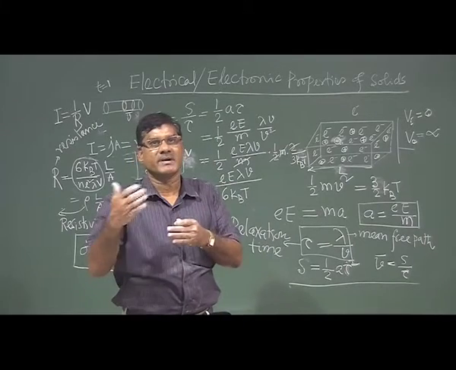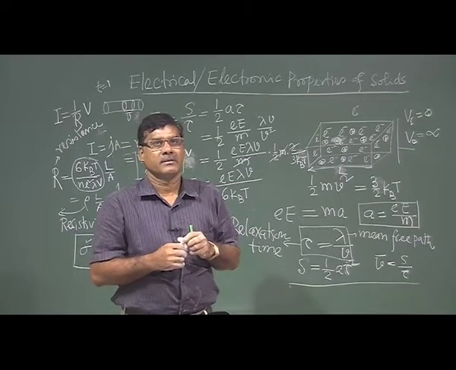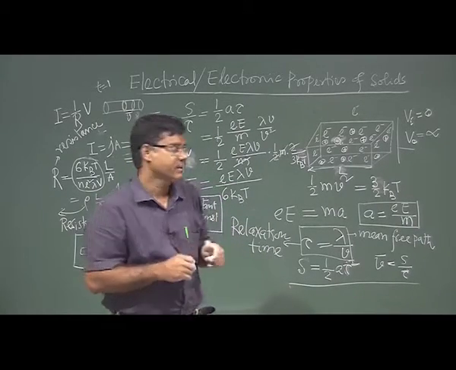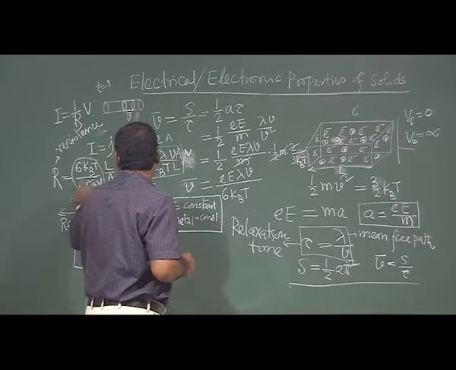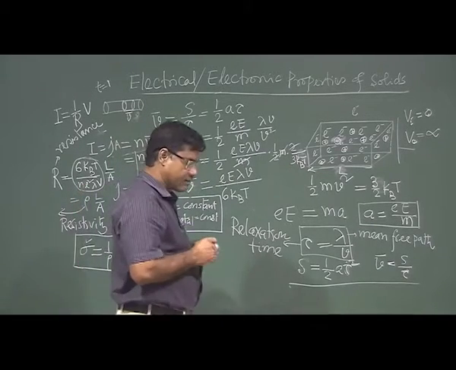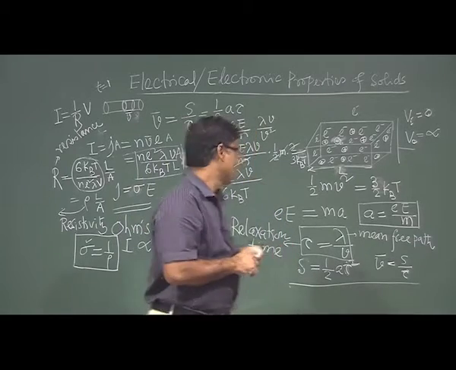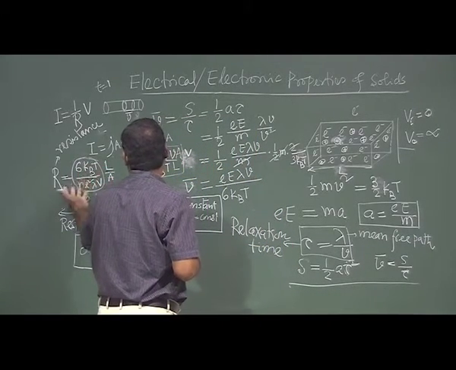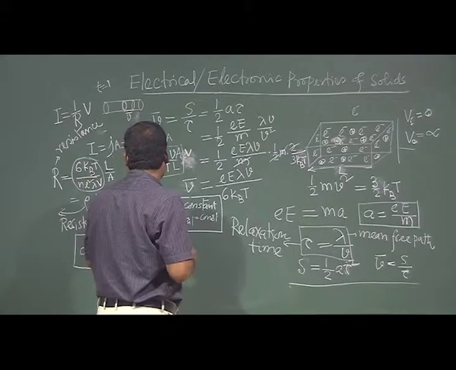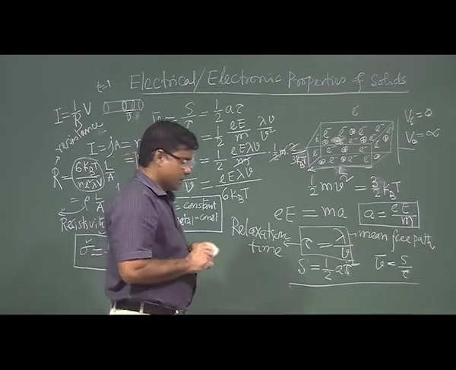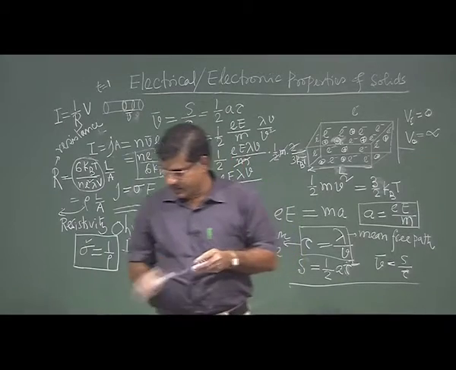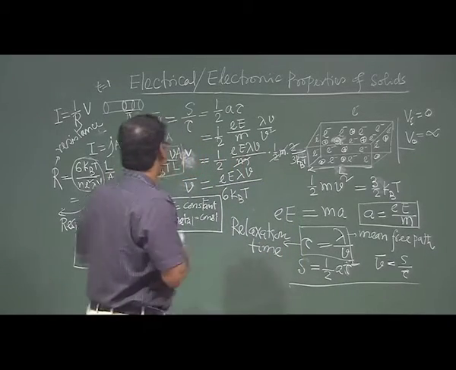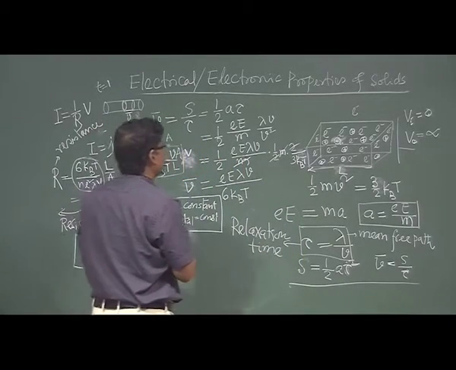So, the conductivity varies from metal to metal, mainly because of the electron density, if you keep the other parameters the same, for example studying at the same temperature. Okay. So, this is one part we could derive from the free electron model.